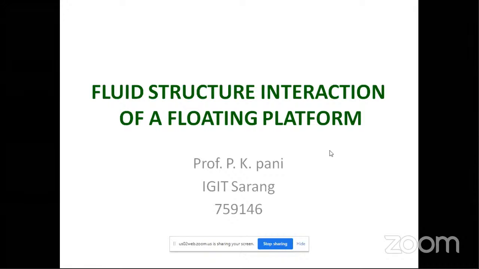Okay, dear friends, we'll see something about fluid structure interaction of a floating platform. So let me be very clear. What does it mean? A floating platform is like a platform used for offshore exploration, or maybe a large sea, or any other floating platform.